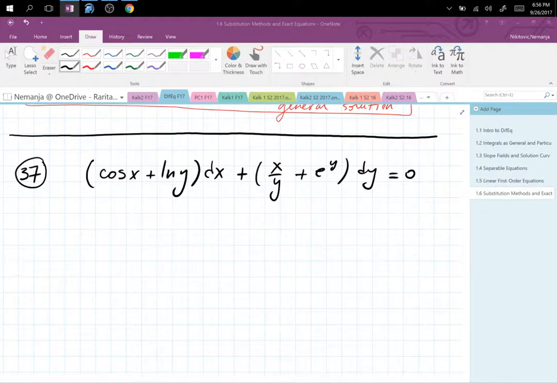Wait, do we do the derivative because it's the y, right?